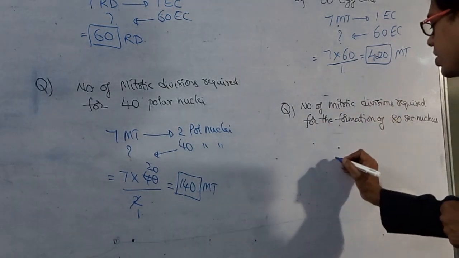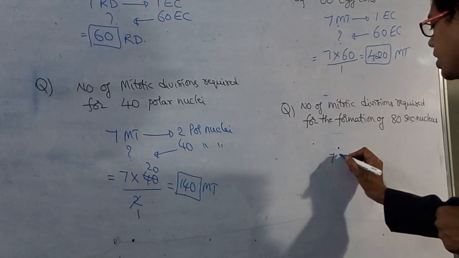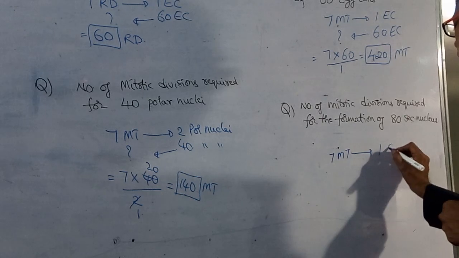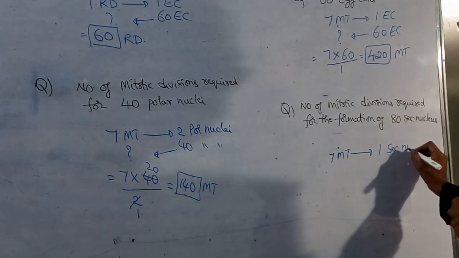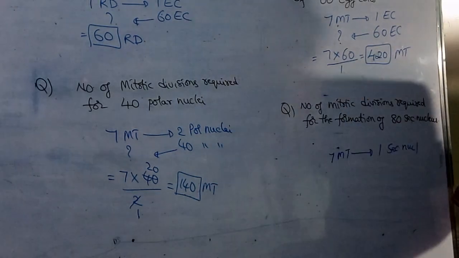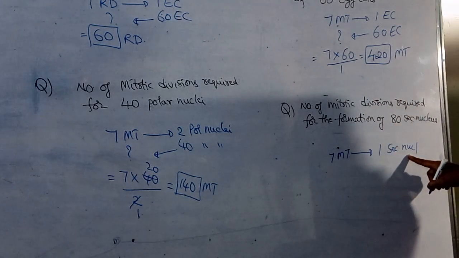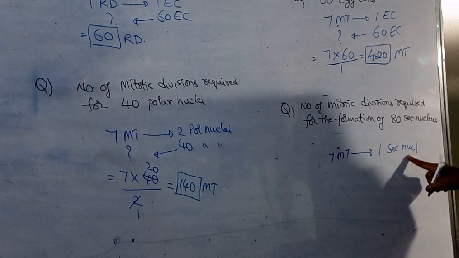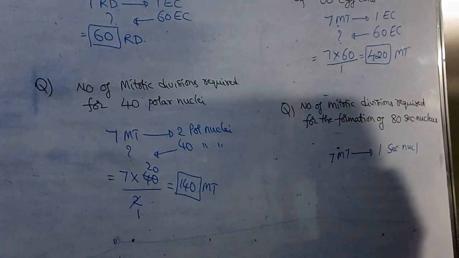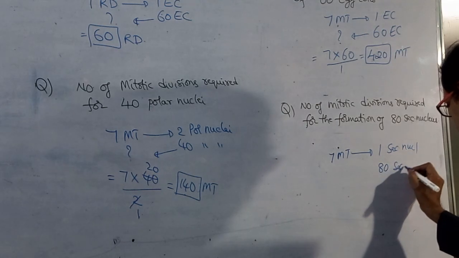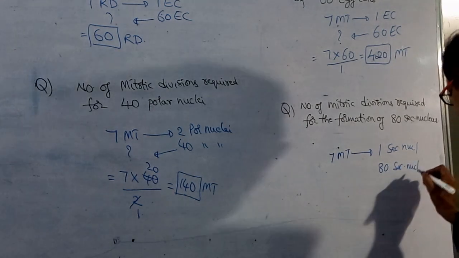How many mitotic divisions are required? 7 mitotic divisions are required for the formation of one secondary nucleus, isn't it? How is one secondary nucleus formed? By the fusion of two polar nuclei. How many secondary nuclei are given? 80.